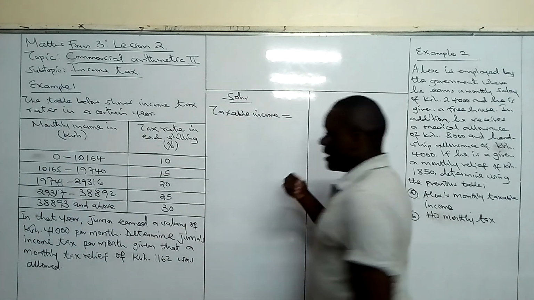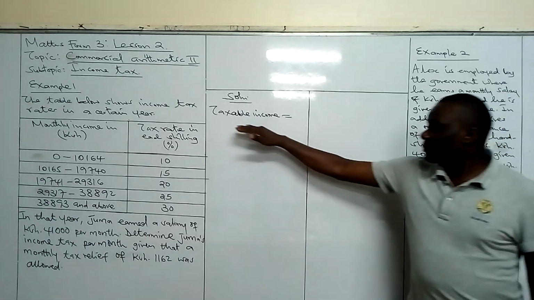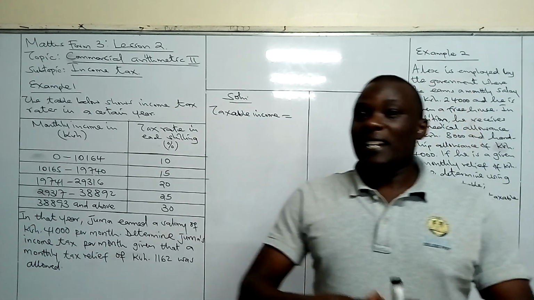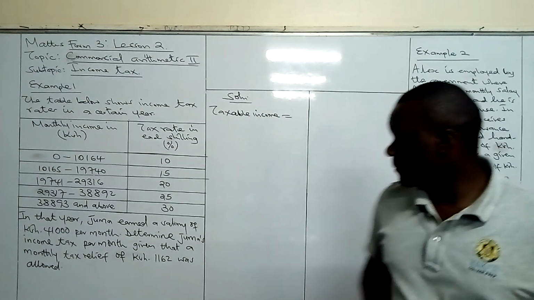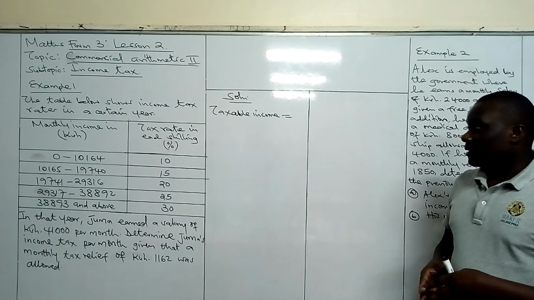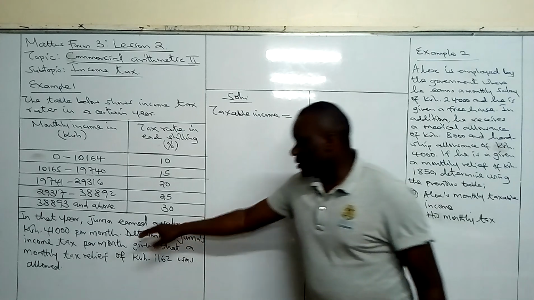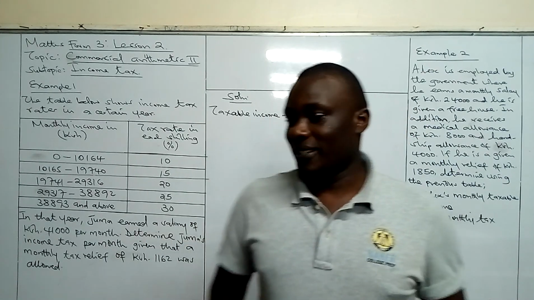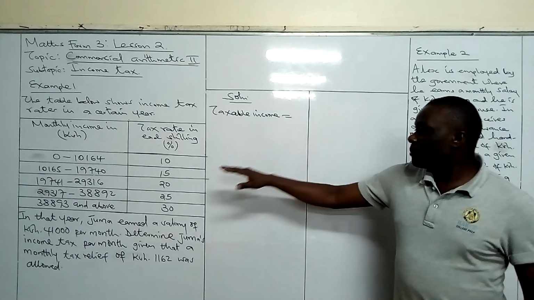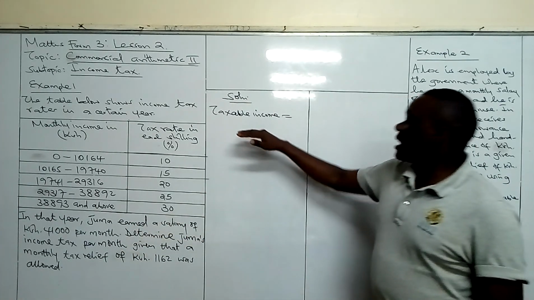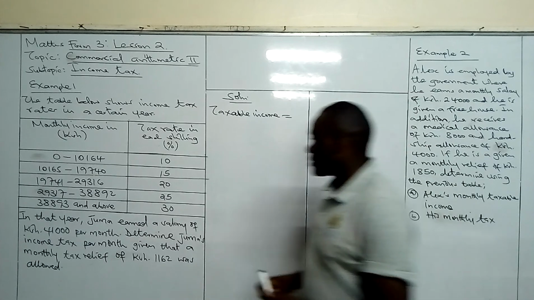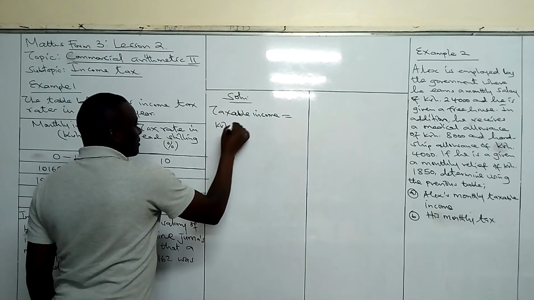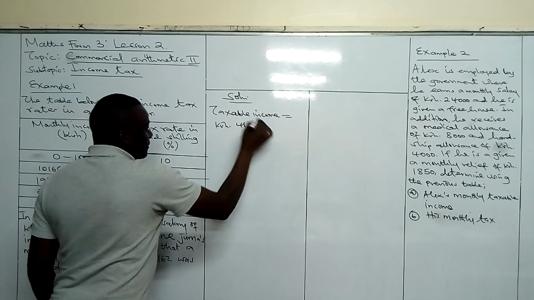Earlier on, I said that taxable income will be the basic salary plus all the allowances given. But when you look at this question, we are given the basic salary only. So in this case, the basic salary will be our taxable income. So we will now say our taxable income is Kenya shillings 41,000.